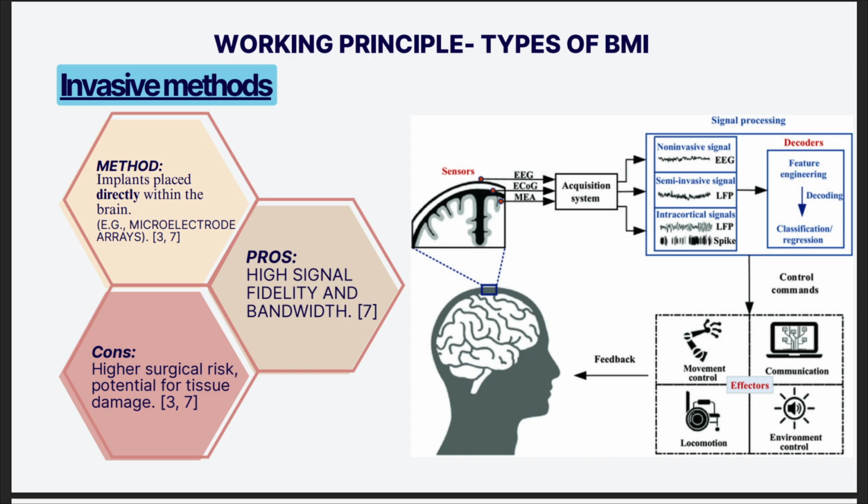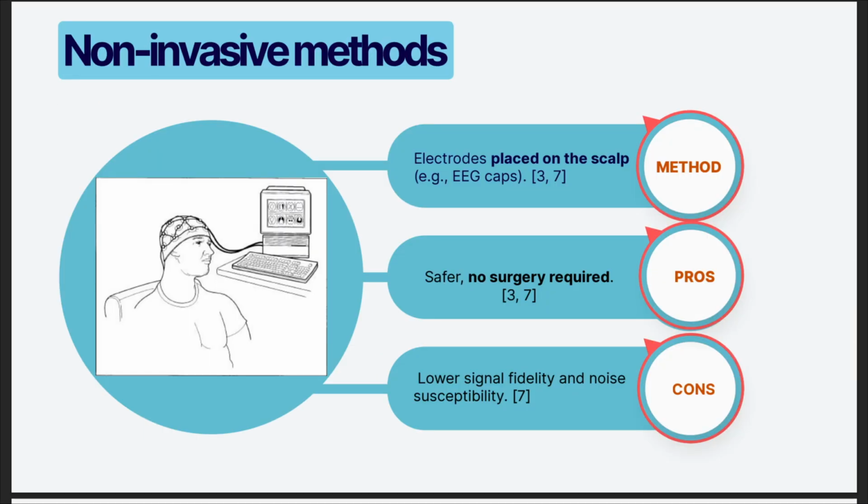The invasive methods utilize ECoG and MEA, which are normally captured using needle electrodes. These are more sensitive and can also capture functions from deeper layers of neurons. The main benefits of this being high fidelity and bandwidth. However, the risk is that we need surgical methods for capturing MEA. Next slide, please.